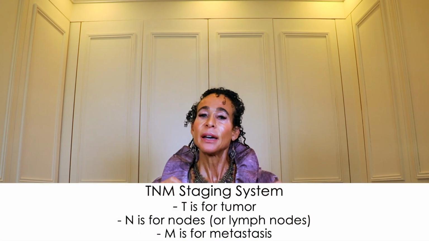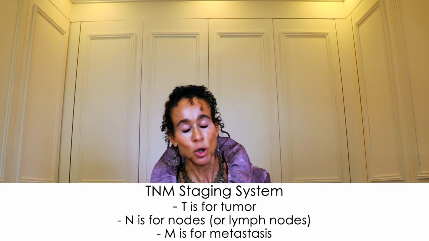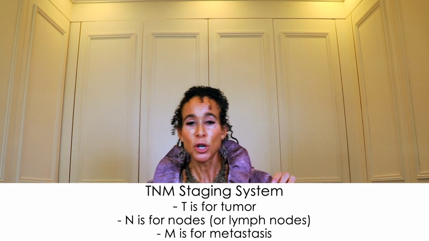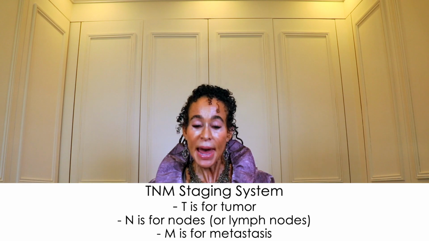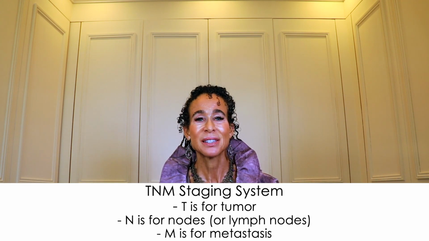Because there are these 3 routes of spread, this second cancer staging system uses them to designate how far a cancer has spread. So this cancer staging system is called the TNM system. T is for tumor, N is for nodes or lymph nodes, and M is for metastasis.